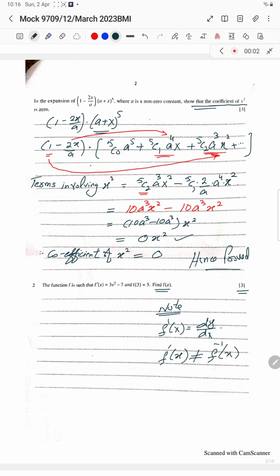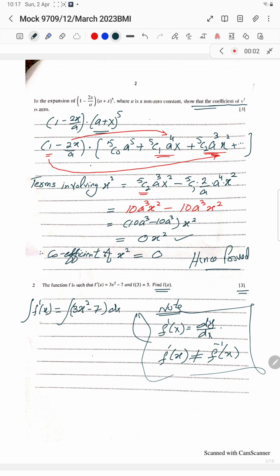That is the inverse function, something different, and you are well aware of it. So don't confuse this prime with f inverse. Here we are looking for f of x from the derivative, so we need to do the reverse process, which is to integrate f prime of x, an indefinite integral without limits.